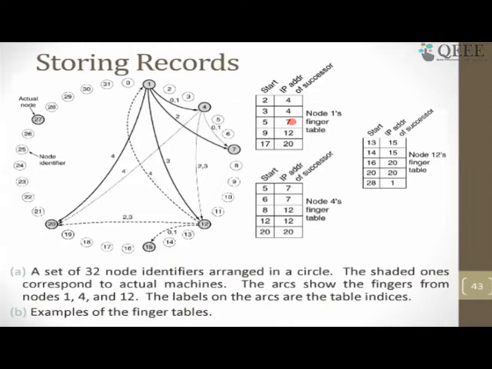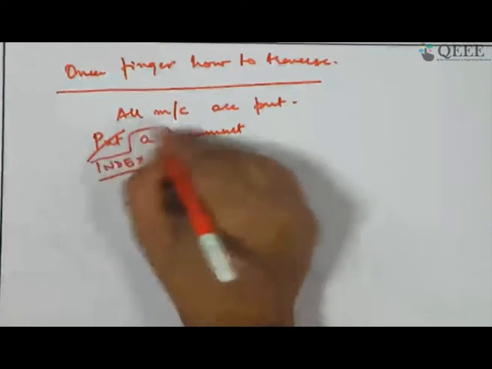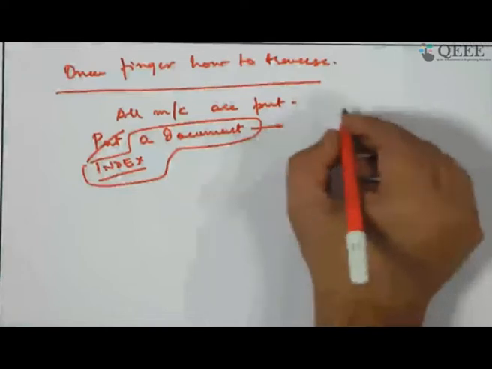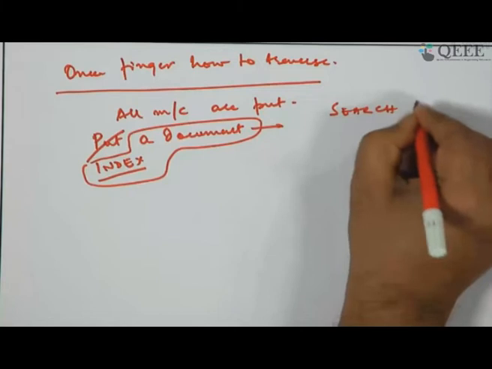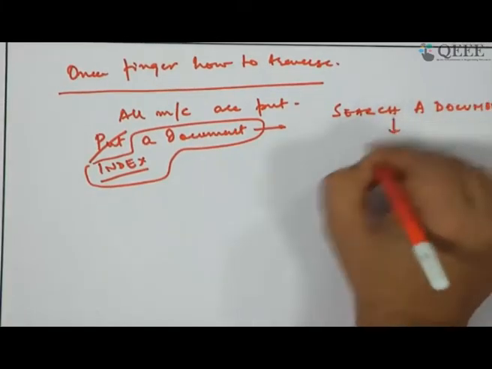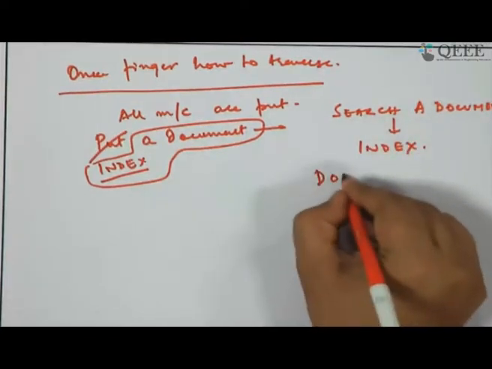Now, say I am trying to put a document, or I am trying to index a document. So this concept is important to understand. I want to index a document. What does indexing a document mean? Because this appears to be a network, I want to search a document. So in order to do the search, I have to index a document. Okay. So how do I index the document?